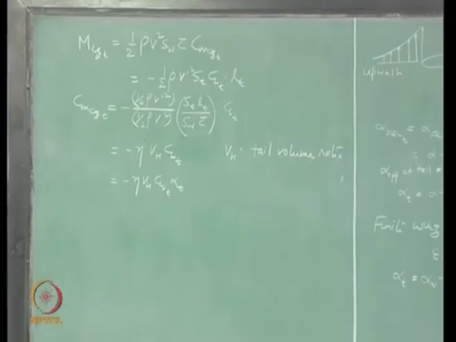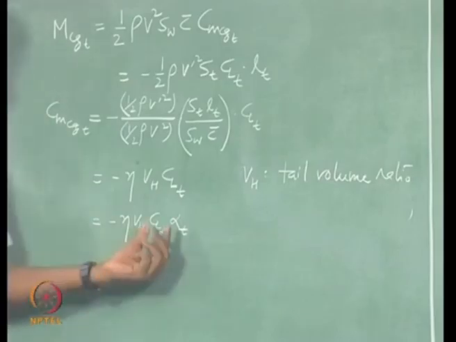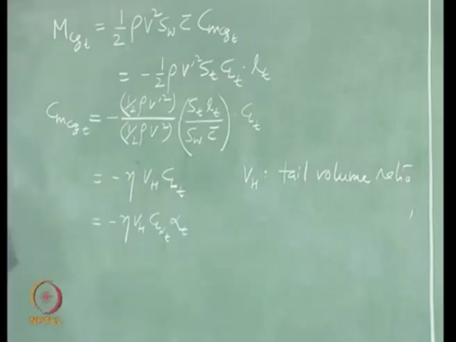Remember, everything we are doing here or throughout this course, we are doing it only in the pre-stall region, okay. So, I can write this CLT as CL alpha tail into alpha tail, right.